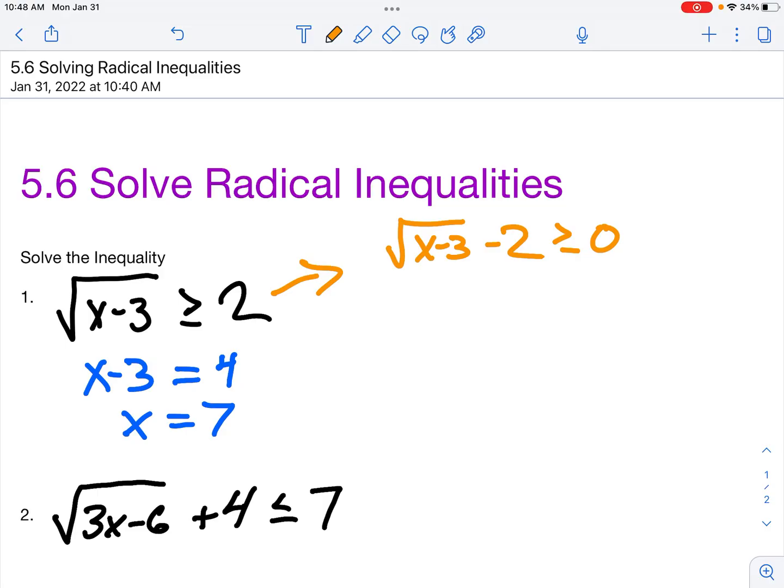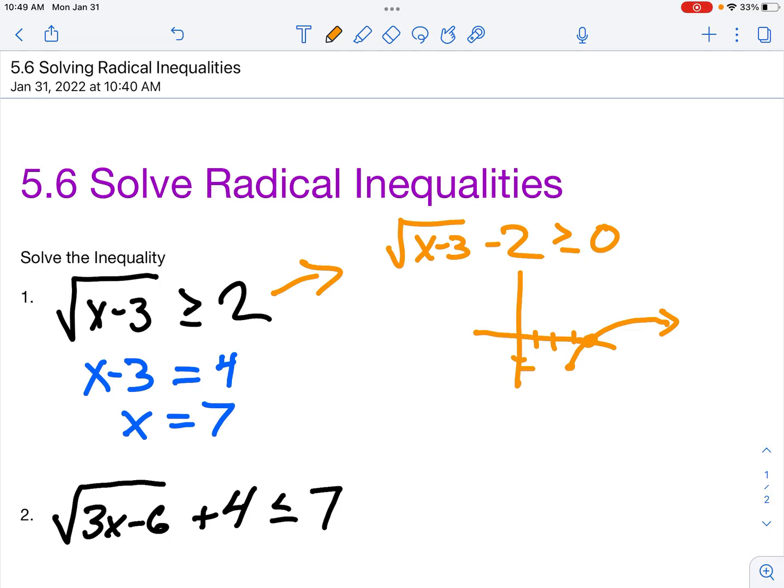I could anticipate that the graph would have a right shift of 3, a down shift of 2, and it's going to look something like so. From here, we can envision that what we just found was this intersection point, which is occurring at 7, or when the x value is equal to 7.